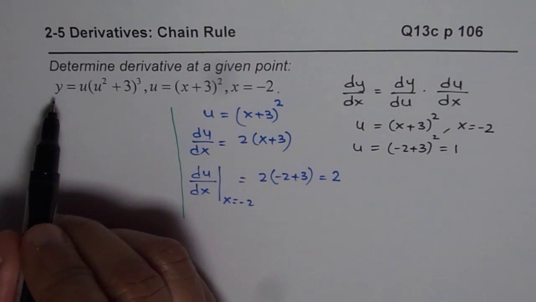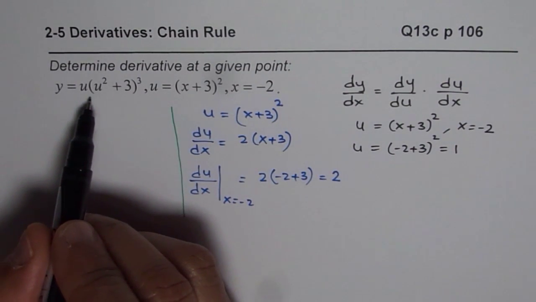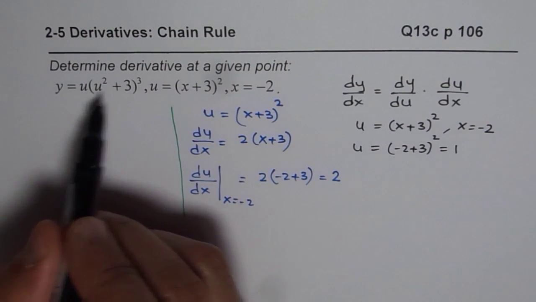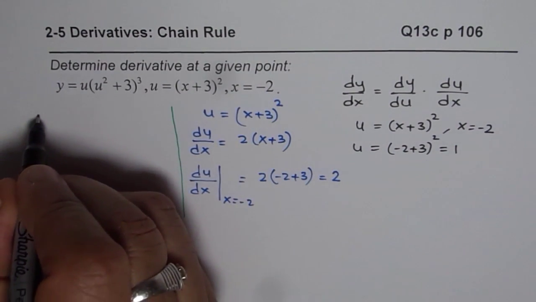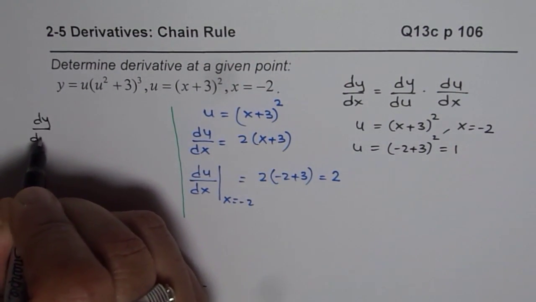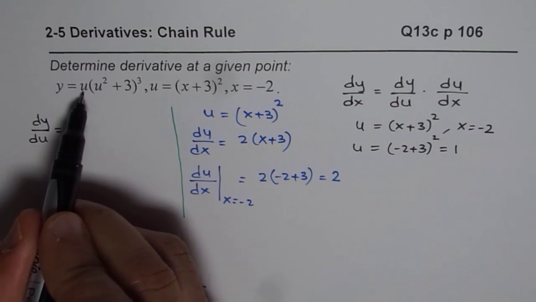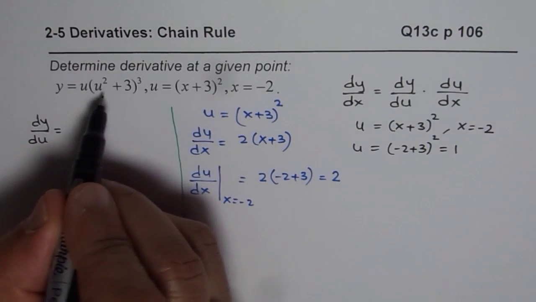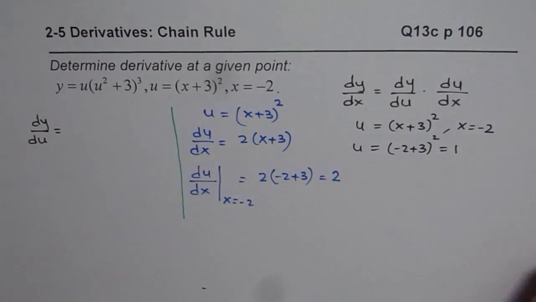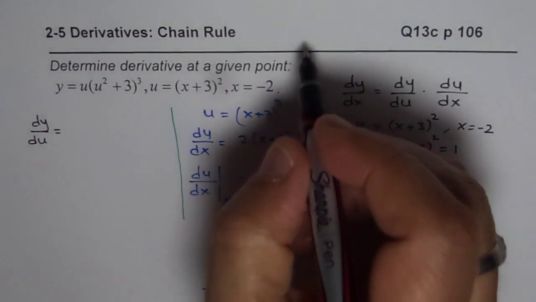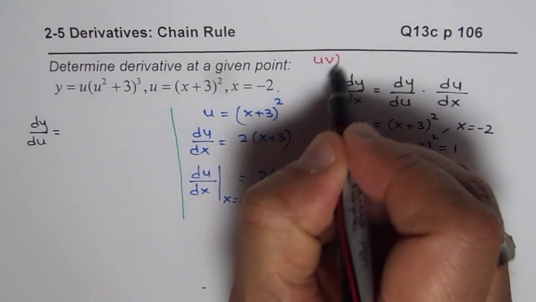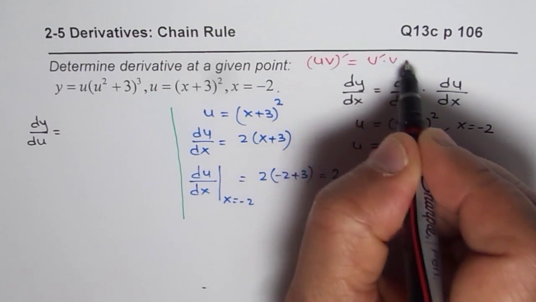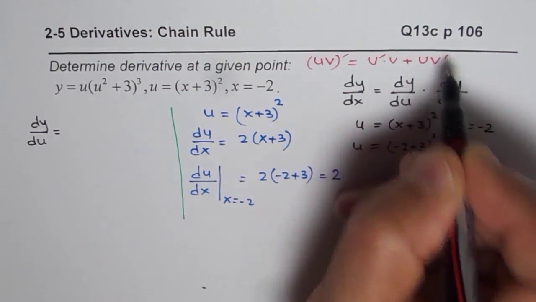Now here we are given y equals u times (u square plus 3) whole cube. So we'll apply the product rule here. If we have u and v, then the derivative of their product is the derivative of u times v plus u times the derivative of v.